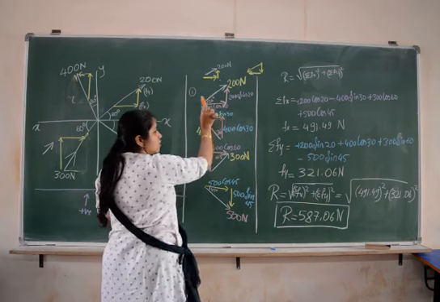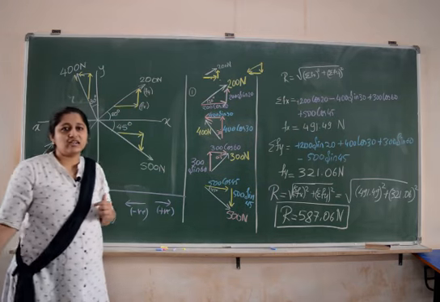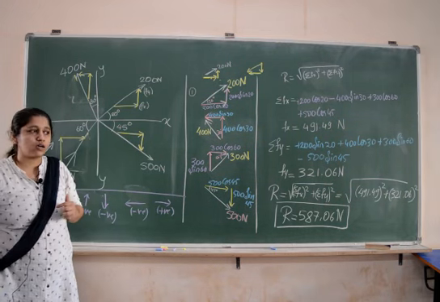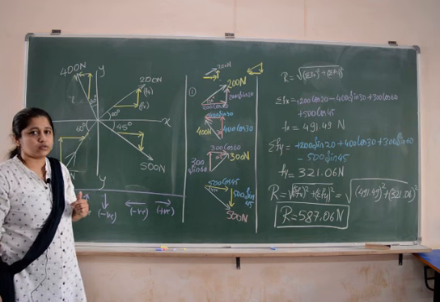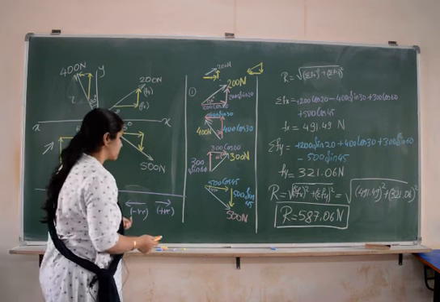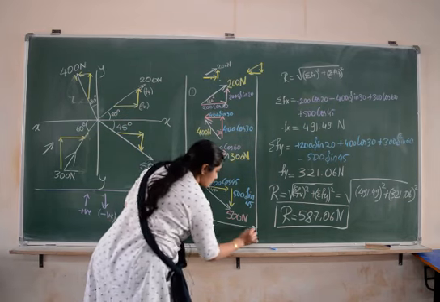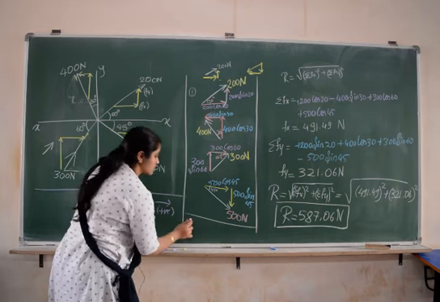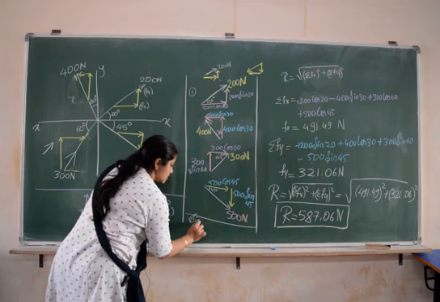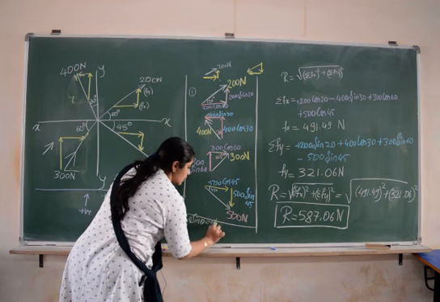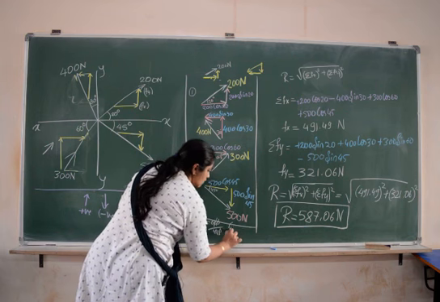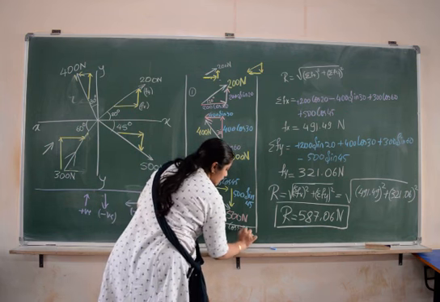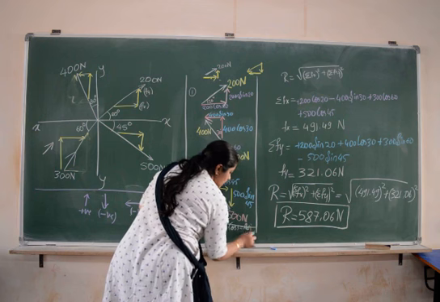Now you people are aware about sin theta, cos theta. What is sine? Opposite upon hypotenuse. Sin theta is nothing but opposite upon hypotenuse, and cos theta is adjacent upon hypotenuse.